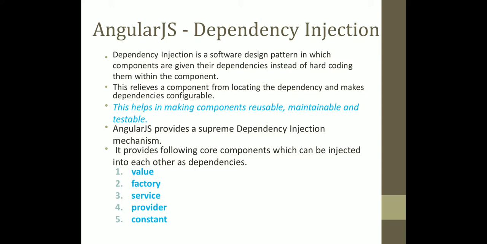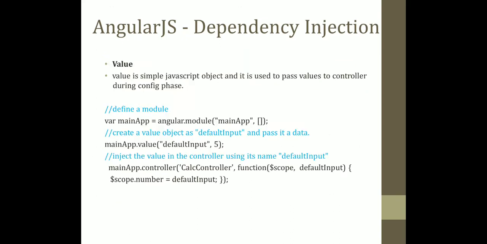So there are some core components which are injected as a dependency in one another, and these core components are value, factory, service, provider, and constant. We'll see one by one what these five components are actually for. So first is value.